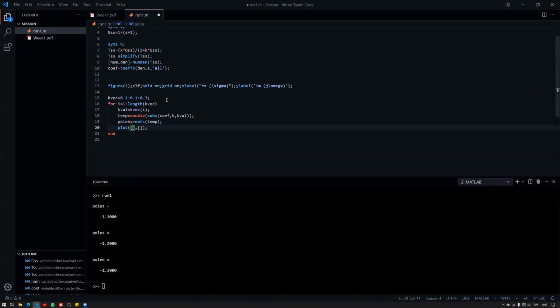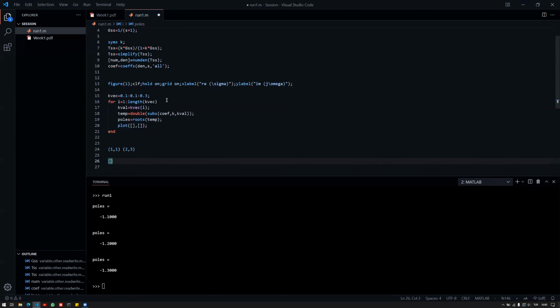If you have, for example, a point 1, 1, and let's have also 2, 3, then what plot expects is that you should provide 1 and 2 as a separate vector, and then 4 and 3 as another vector. So you should use plot for plotting a line between these 2 points here. So the x-axis values are in a vector and the y-axis values are in another vector.